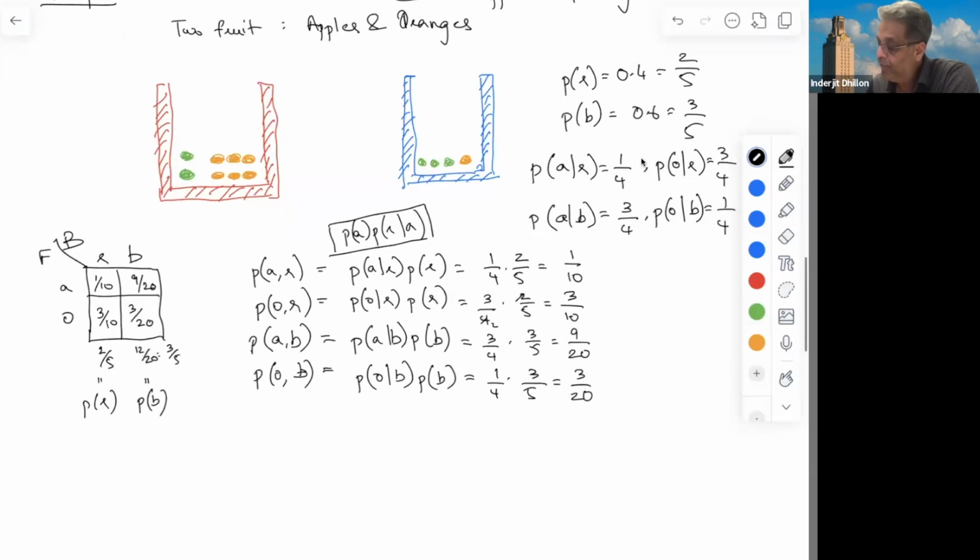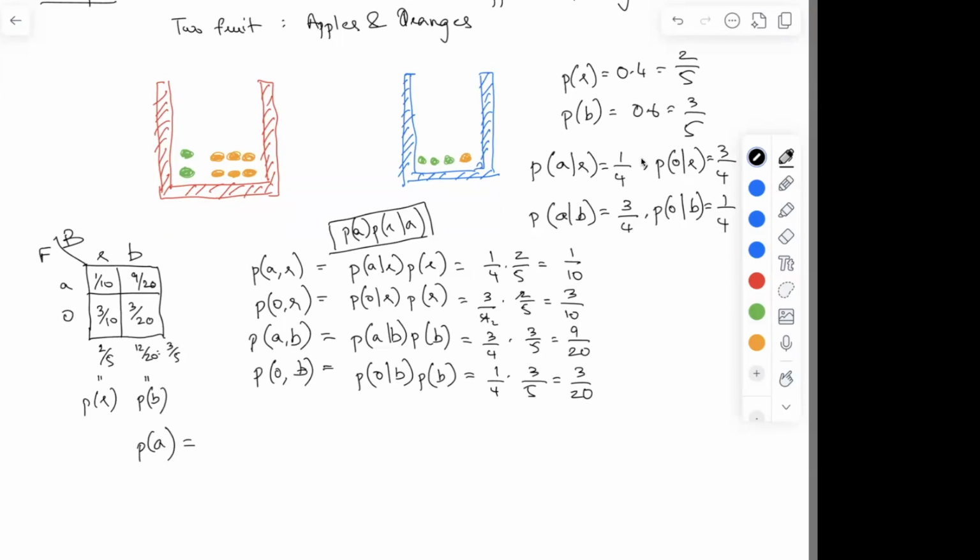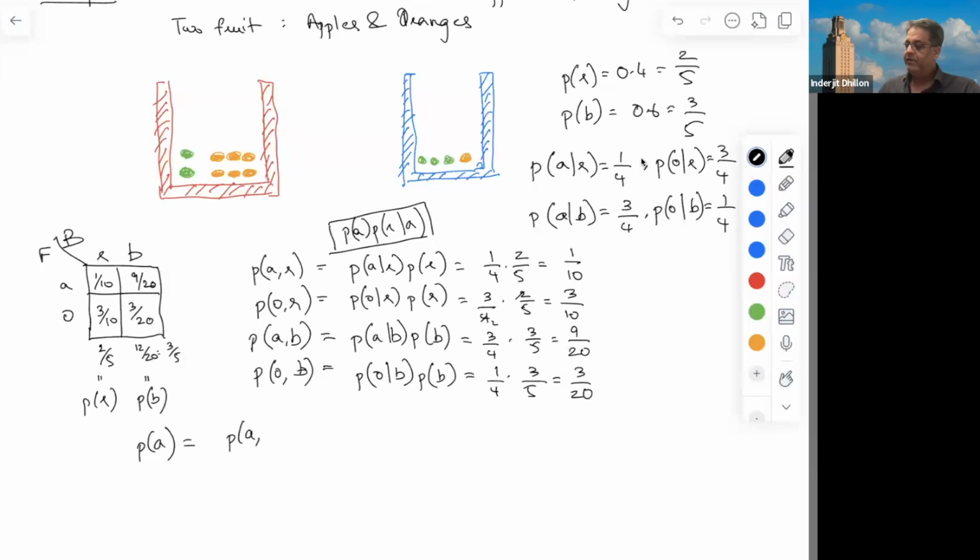What about the probability of picking an apple now? Okay, somebody? Remember that that's not right in front of us, so we actually have to do a marginalization. We add up P of A comma R and P of A comma B. So it is P of A comma R plus P of A comma B, and that is 1/10 plus 9/20, which is equal to 11/20.